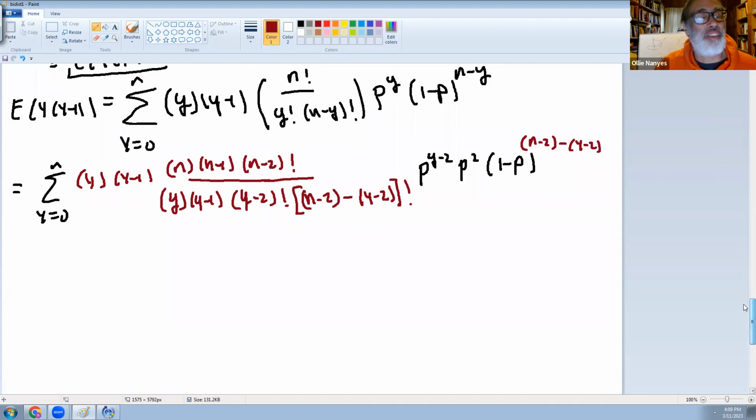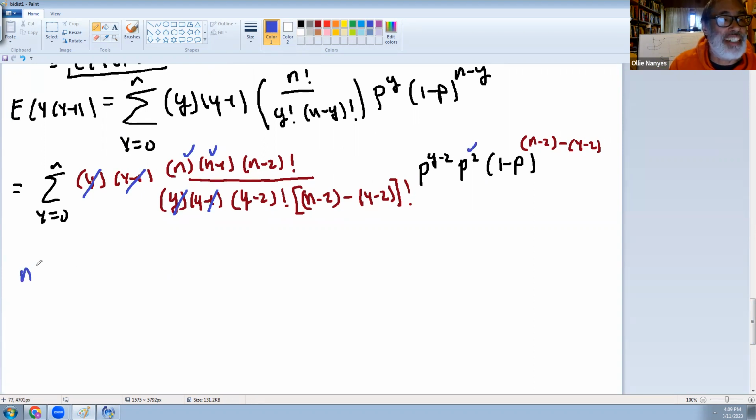Now that we did all this, we can now factor a lot of stuff out. First of all, let's do some cancellation. These cancel like so. These can get factored out of every term. That can get factored out of every term.